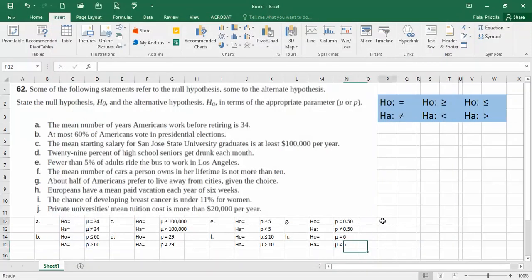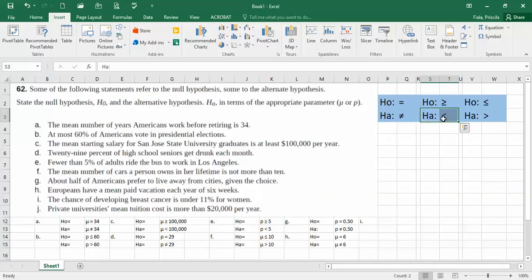Two more, and we will be done with this. Now we have: the chance of developing breast cancer is under 11% for women. We're talking about a percentage, therefore we're talking about proportion. Which one over here talks about under but not equal to?